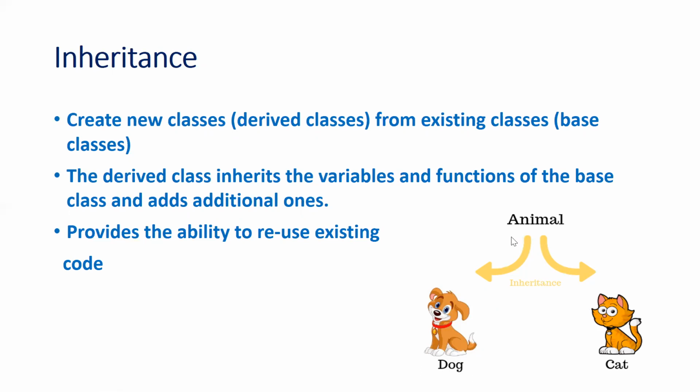As they inherited from this animal class, they have the properties that the animal class has. If in the animal class we define some properties that an animal must have, the dog can have these properties more or less.